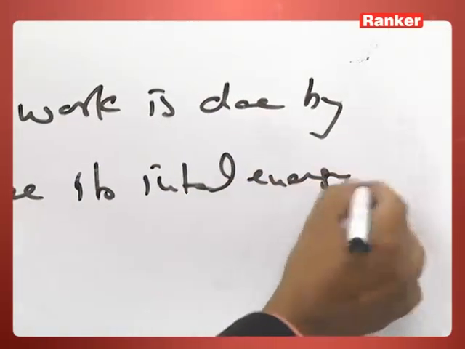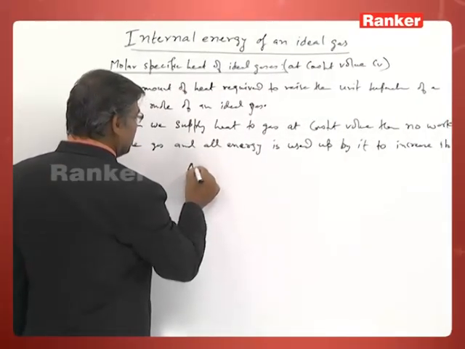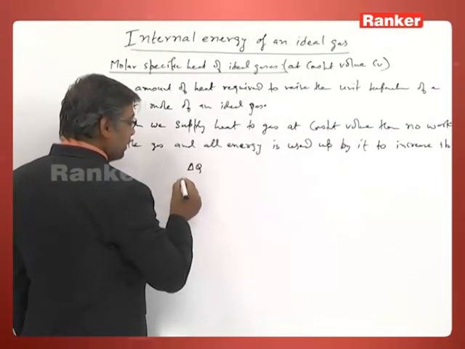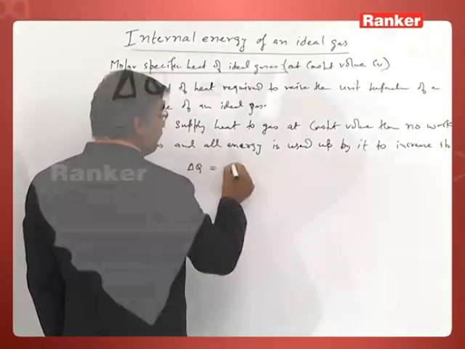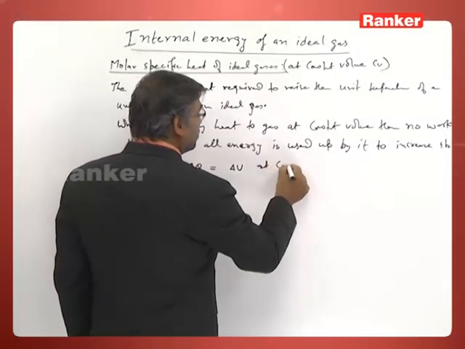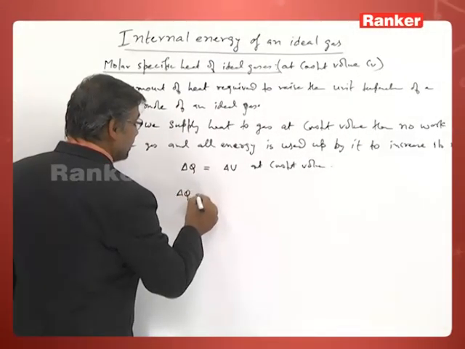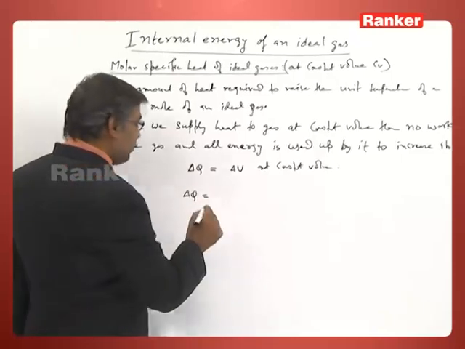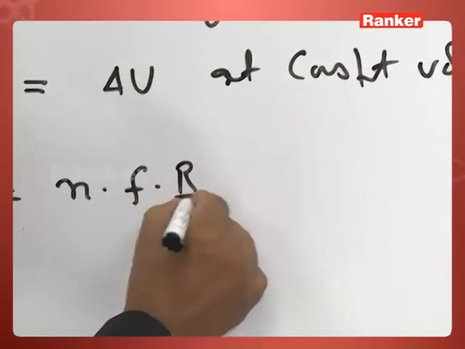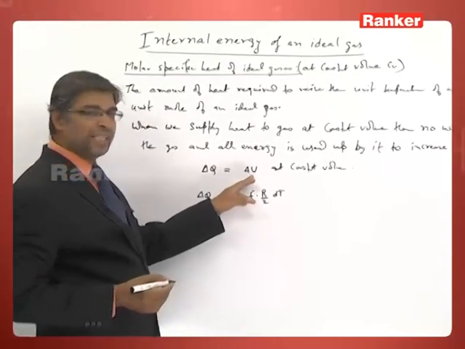internal energy. So, now if we have delta Q, a given amount of energy, then that will be used to change its internal energy at constant volume. So, delta Q is equal to the total energy, which we have already seen, N into degrees of freedom F into R by 2 into delta T, since we talk about change in internal energy.